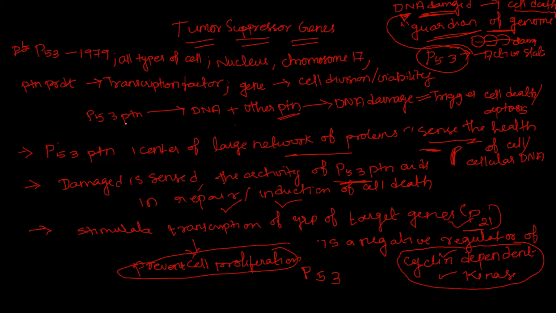Now, how can you inactivate this particular gene? There are two ways by which you can inactivate it. One is by mutation, another is by virus. Now let's see how it does this in the next slide.